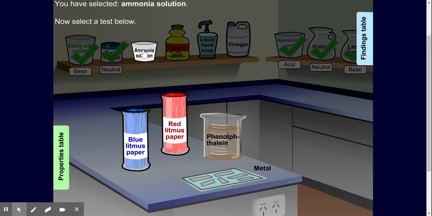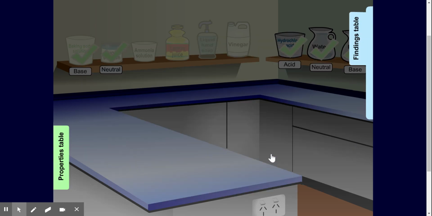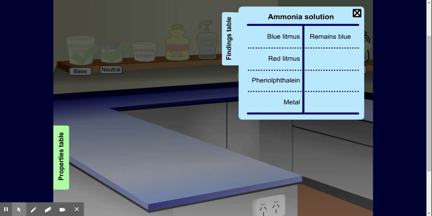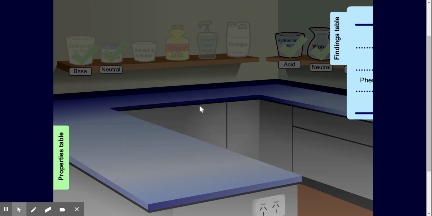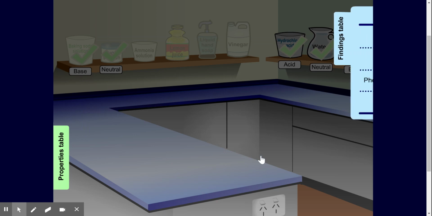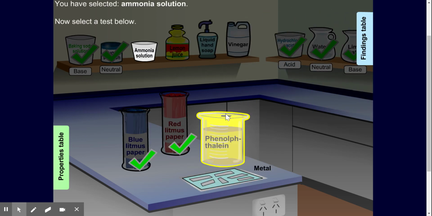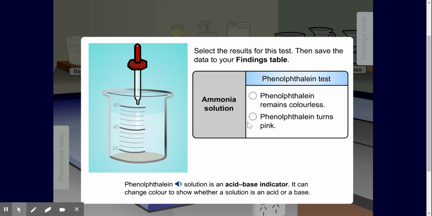Try ammonia. Blue litmus paper first. We see it stays blue. And then we go to red. It turned blue. And then phenolphthalein.